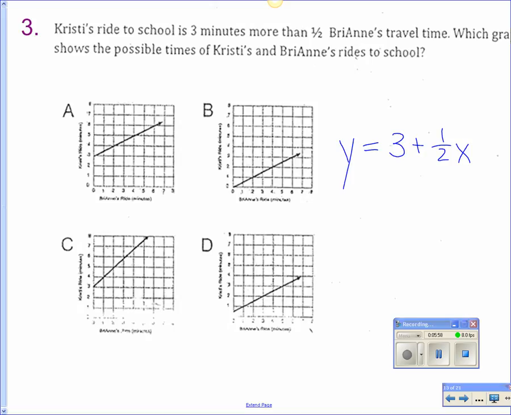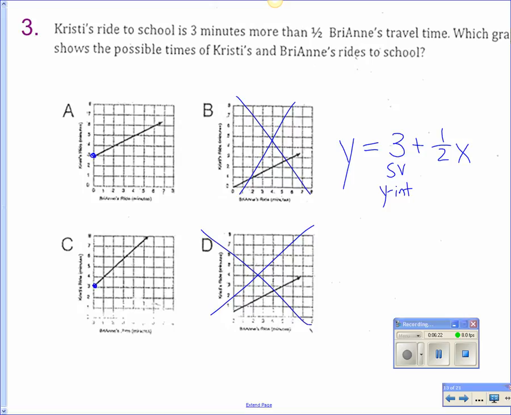The 3, and that's also known as the y-intercept. Tamara, tell me 2 graphs I can mark out that are not correct. What other one doesn't? And B. Neither of those start at 3. These 2 start at 3, so they both start at 3.